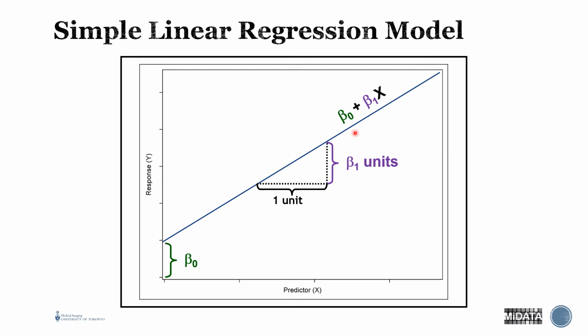The equation for your line is going to be beta naught plus beta 1 x, where x is your predictor. And the slope means that for every unit increase in your predictor, you get a beta 1 increase in the units of your response.